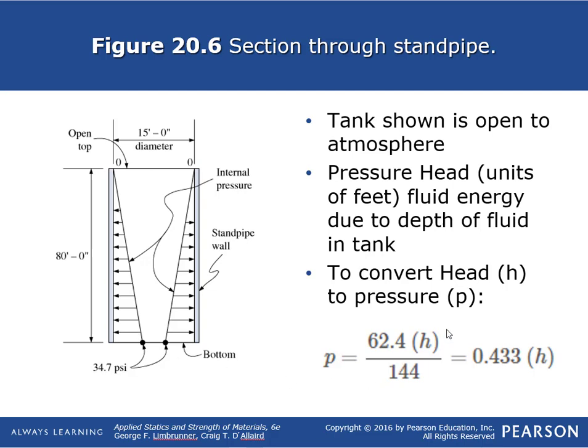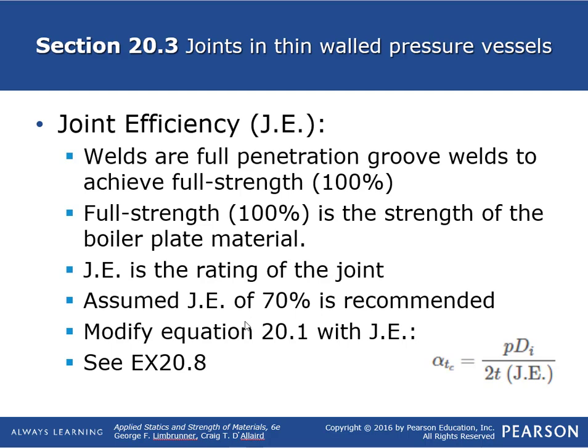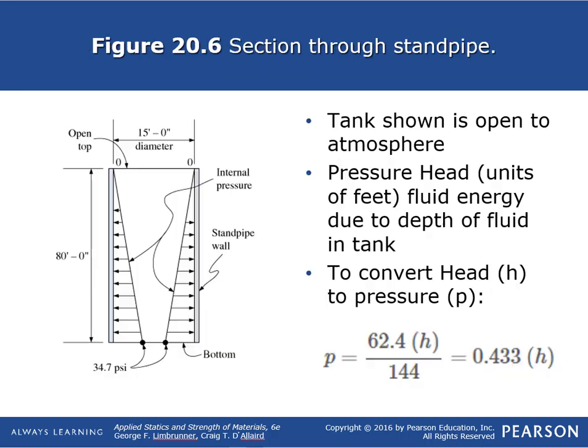This equation allows you to convert head, which is in units of feet, into P, which is units of pressure. So you can go into equation 20.1 for a standpipe. Equation 20.1 has the pressure in it, and this hydrostatic pressure is what we're going to use.